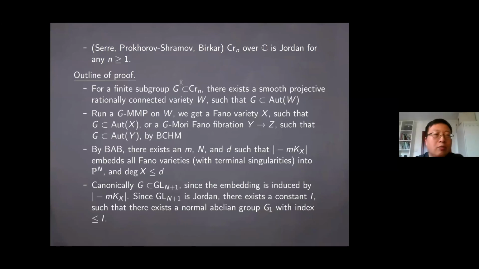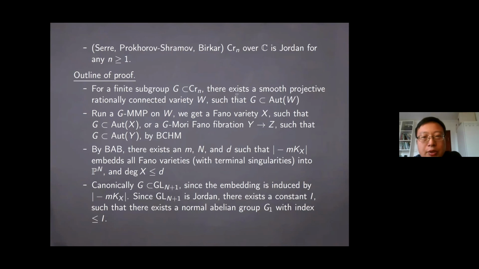So here is an outline of the proof, and we will use this idea later to prove the positive characteristic case for n equals 2. Suppose we take a finite subgroup G of the Cremona group of rank n.